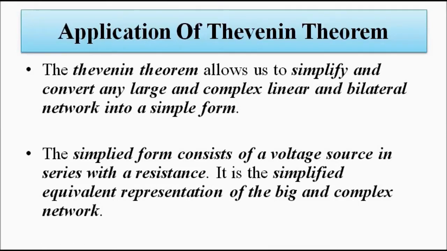It converts the complicated network into a simple form consisting of a voltage source in series with a resistance. Such a huge circuit consisting of multiple voltage and current sources, multiple resistors. Now we are only sticking to resistors. In AC analysis we'll discuss the Thevenin theorem related to inductors, capacitors, all that. Now we will just stick to resistors. Okay, it consists of many resistors, voltage and current sources. All of that is reduced into a simple form consisting of a voltage source in series with a resistance. That is the whole objective of Thevenin theorem.